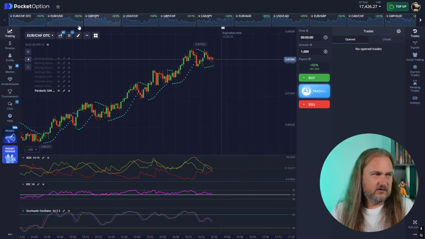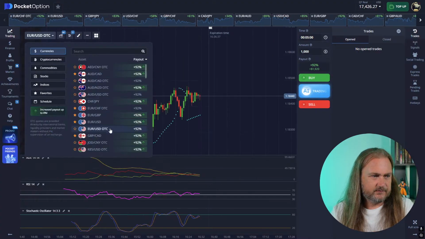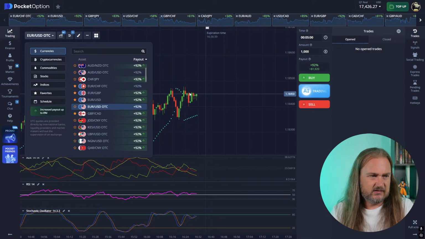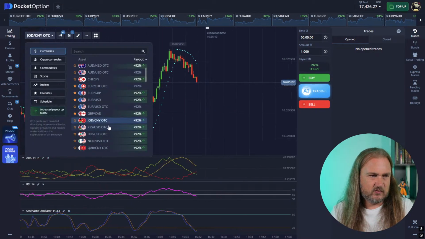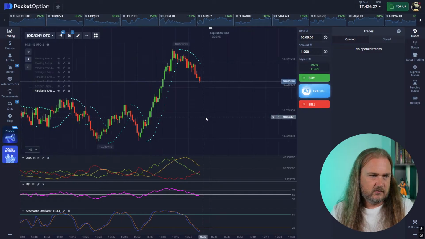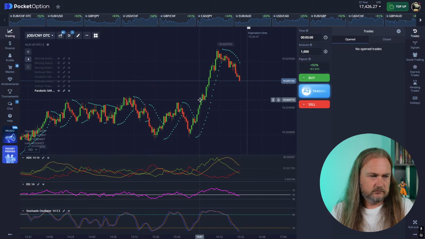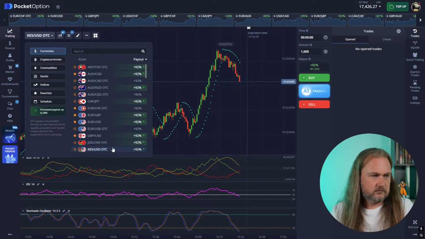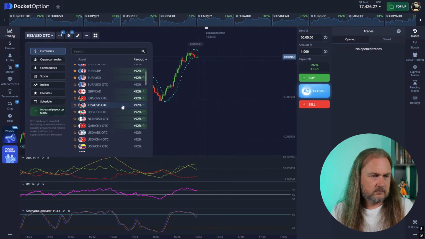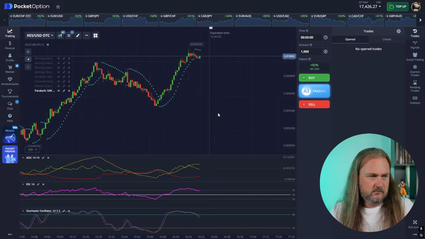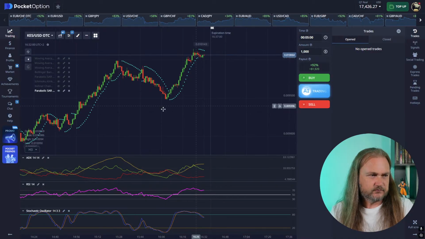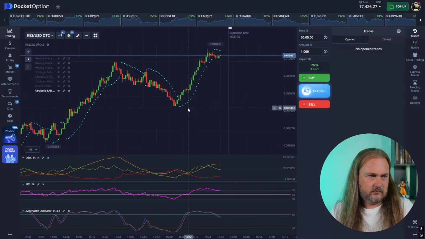Let's see if we can find another entry while we're at it. See if we can pick up any assets where price is trending nicely, so we can maybe get an example. Okay, so we do have price running upwards here.